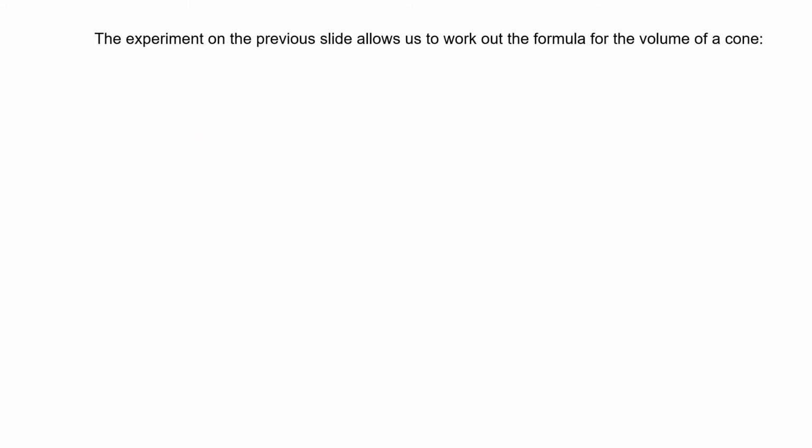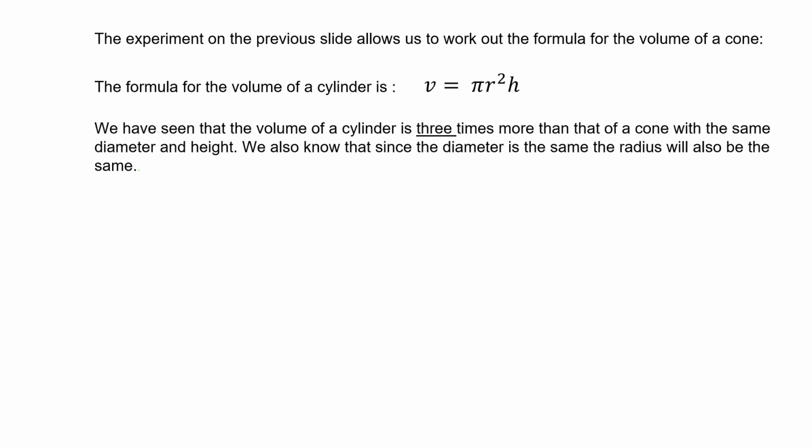The experiment on the previous slide allows us to work out the formula for the volume of a cone. The formula for the volume of a cylinder is pi r squared h. We have seen that the volume of a cylinder is three times more than that of a cone with the same diameter and height.